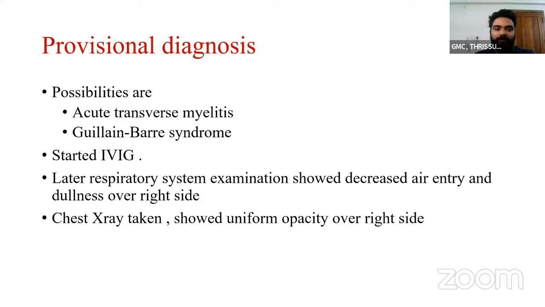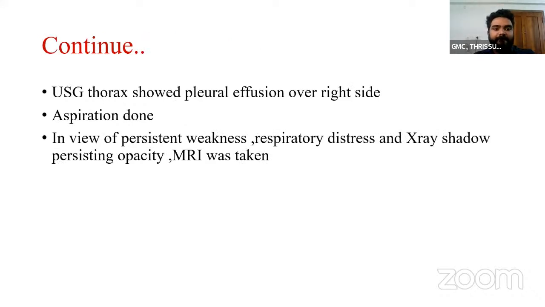With the possibilities of acute transverse myelitis and Guillain-Barré syndrome, and the child deteriorating over time, we started IVIG. But later the respiratory system examination showed decreased air entry over the right side and dullness on percussion. Chest X-ray showed uniform opacity over the right side.